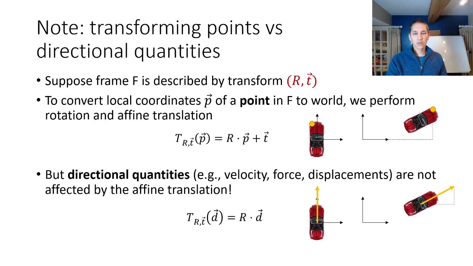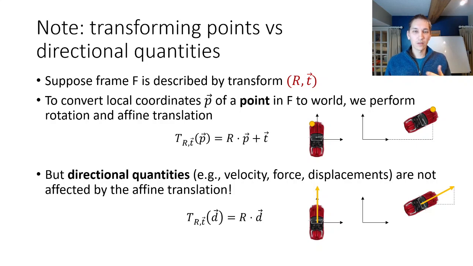A quick note about a practical issue when applying transforms is that you have to be really careful about what you're transforming. Let's take a frame, and we want to convert local coordinates of a point to the world. Well, we just do the rotation and affine translation as we've discussed so far.